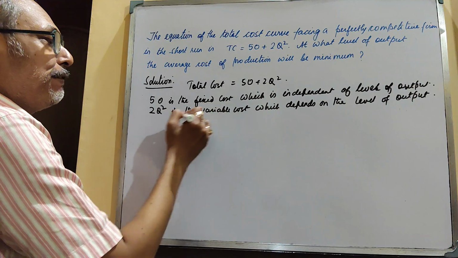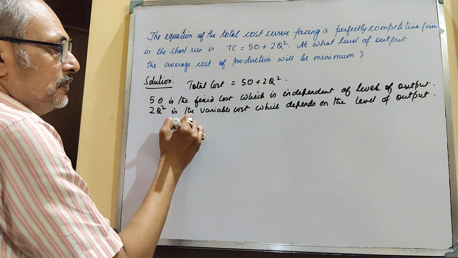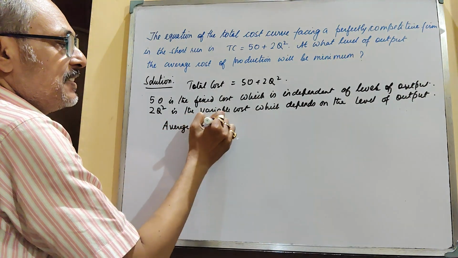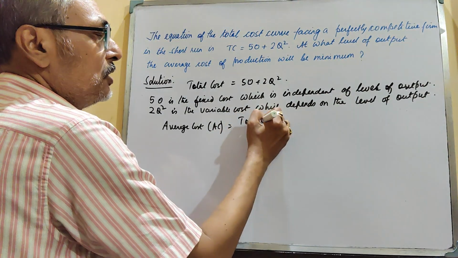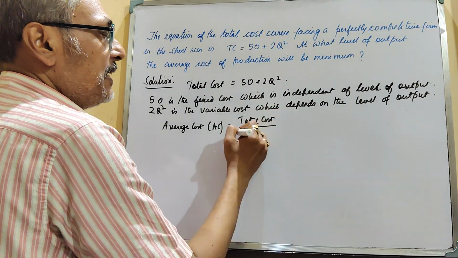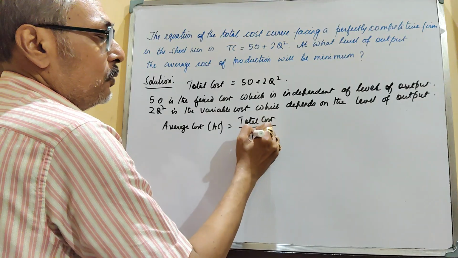Now what is the average cost? Average cost, denoted by AC, is total cost divided by output produced.